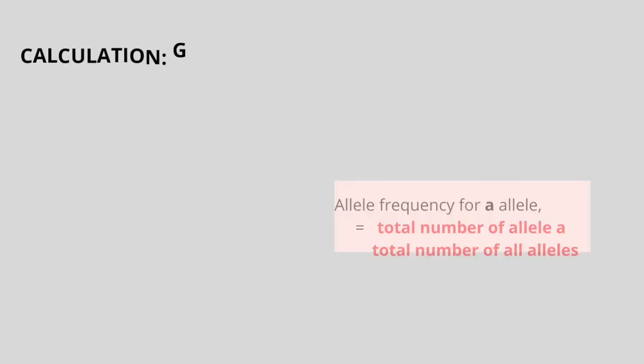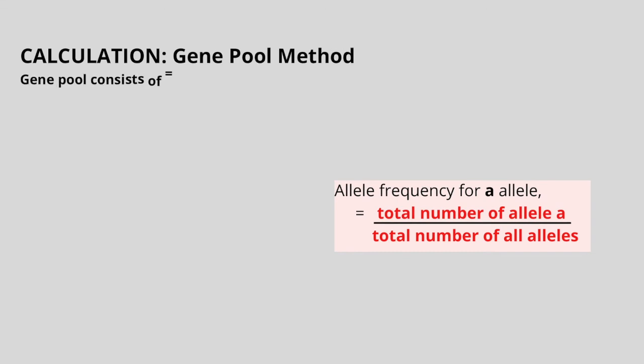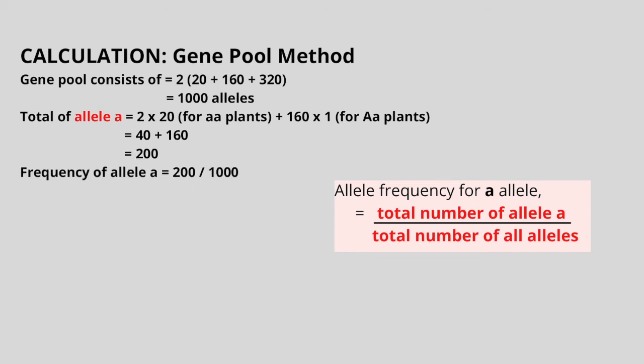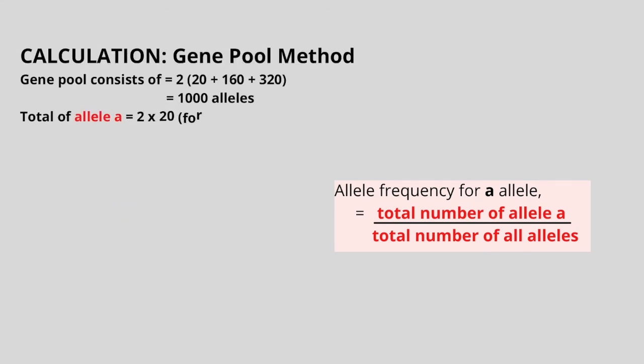Let's try the gene pool method. From the question, the total number of alleles is 2 times 20 plus 160 plus 320 equal to 1000 alleles. To calculate the frequency of recessive allele a, the total number of recessive alleles equals 2 times 20 for homozygous plus 160 for heterozygous.